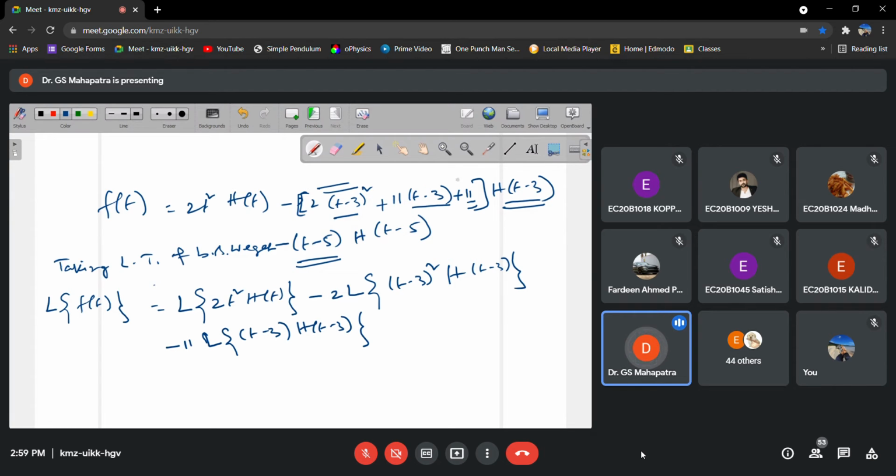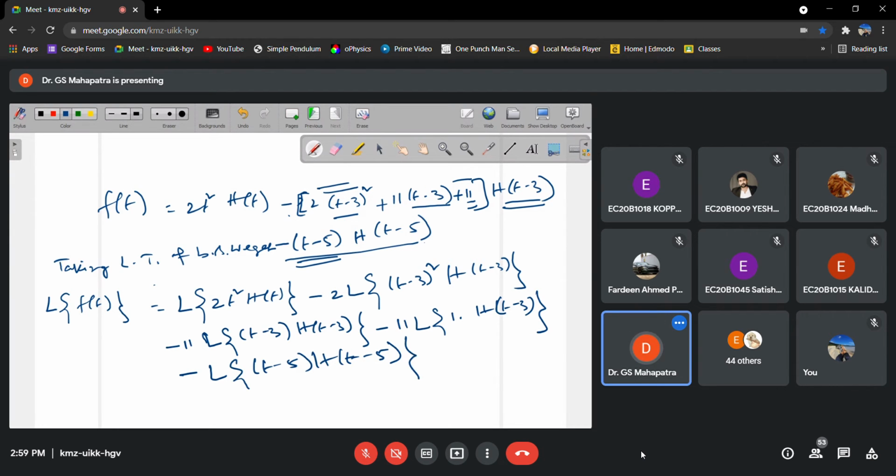For the third one, again plus 11, Laplace transform of 1 into h of t minus 3. And the final one: minus Laplace transform of t minus 5 into h of t minus 5.